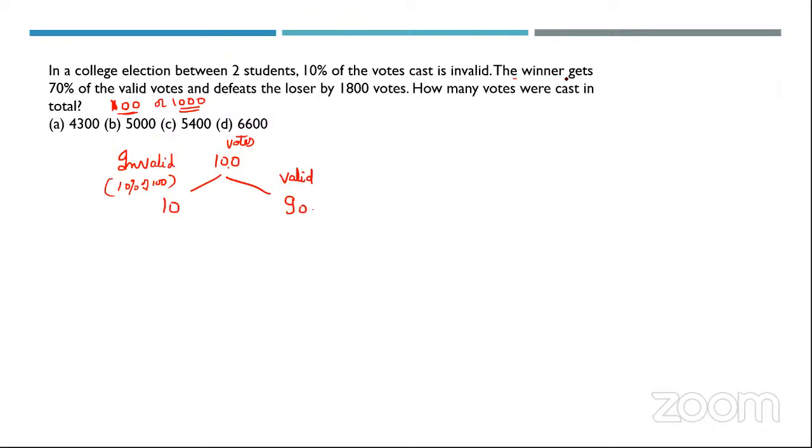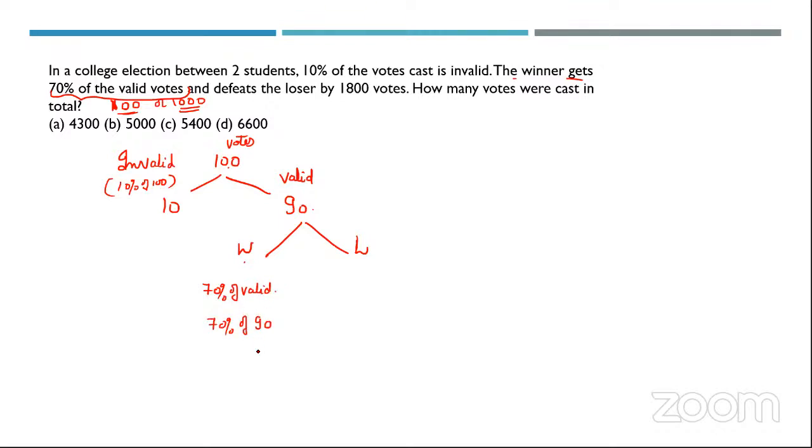Now, the winner gets 70% of the valid votes. So out of this, one is winner and one is loser, right? Winner is getting 70% of valid votes, and valid votes is equal to 90.